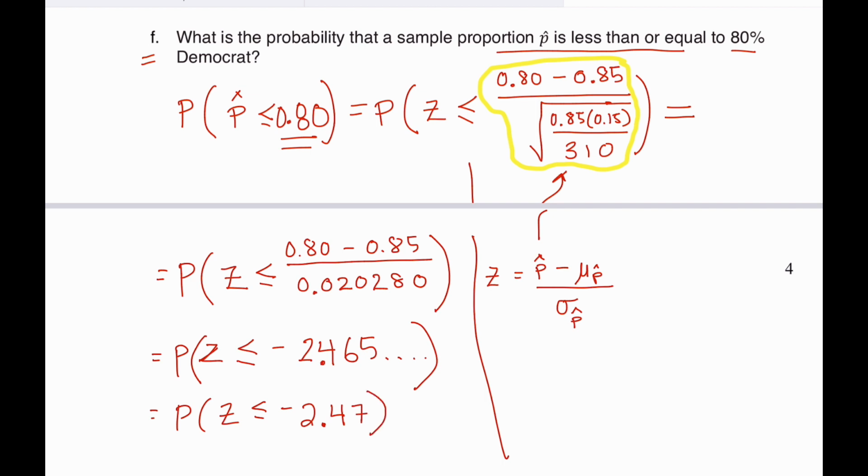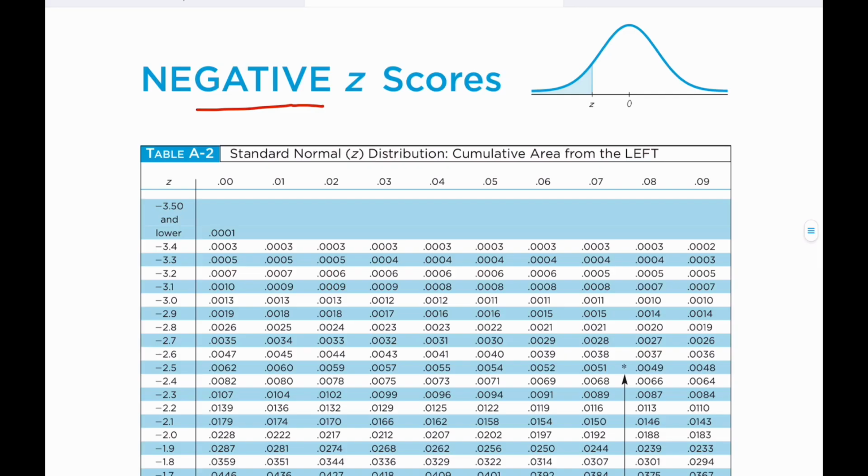And how am I going to figure out this probability? Well, remember, it's a normal distribution. So here I am back in the normal table, and I am just going to look for a z-score of negative 2.47. That takes me to this number, so that is the area to the left of negative 2.47.